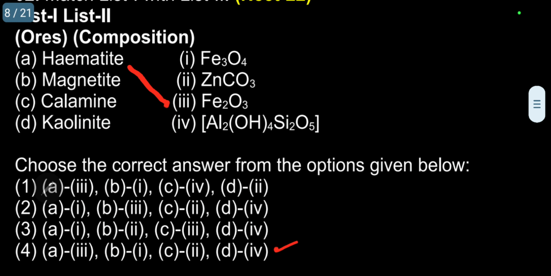Then B, magnetite, is again iron ore. C, calamine, is zinc carbonate, ZnCO3. The only remaining is D, 4. Kindly follow now, the easy idea. These are only memory based questions. So the correct answer is 4, maybe.